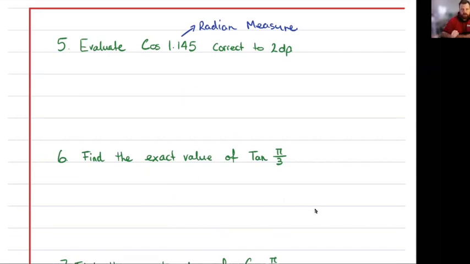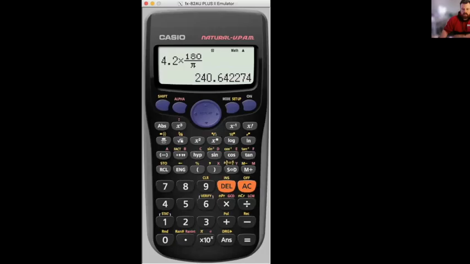So going back to the calculator, sharing my calculator with you guys again, I'm going to clear this. And right now you can see up the top of my calculator, there's a little D standing for degrees. When I'm operating with radians, I need to change that. So to change that, we're going to go shift, and I'm going to go setup.